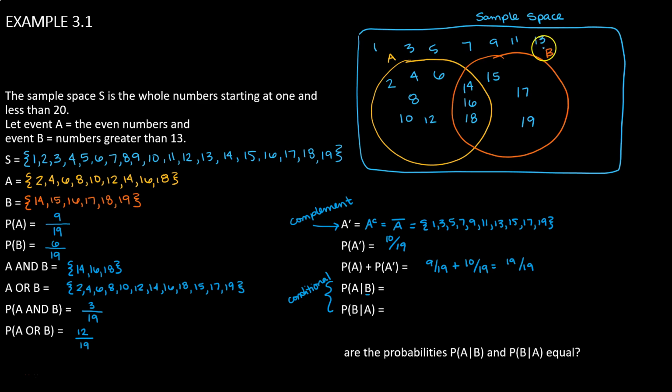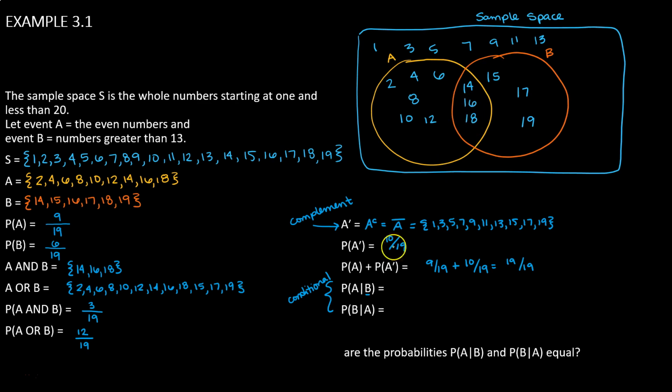We're not looking at all 19 numbers, we're looking at just the 6 numbers that are inside of B. So if we know our number belongs to event B, what's the probability that it also belongs to the group A? Well, there's 3 numbers that are in both A and B.